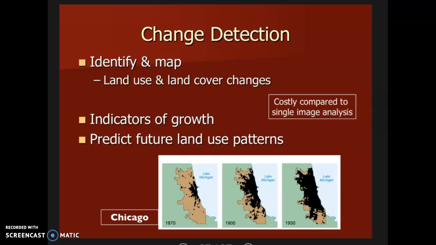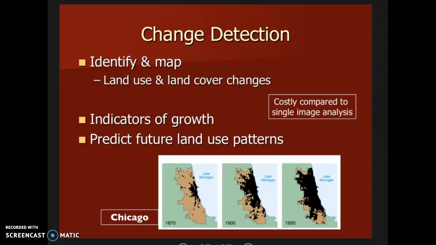So you're identifying the changes, and if you had the right tools, you'd be able to map them yourselves. But in many cases, you're finding maps that show the changes, right? You can also use computer applications to show percent change. I'll give you an example of that later.